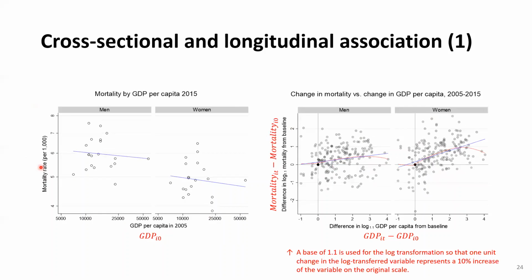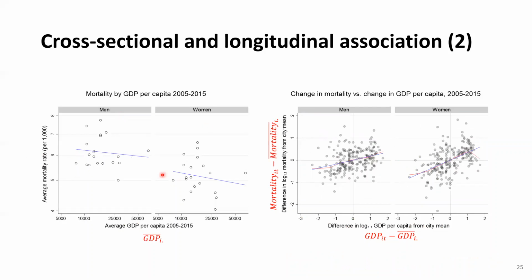Sorry, I made a mistake. The previous one is not 2015, it should be 2005. It is of one time point, 2005, and this is the average. Although they are somehow different, they are very, very similar in terms of association.